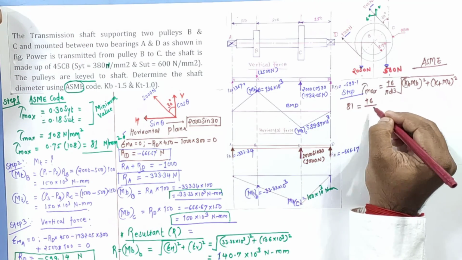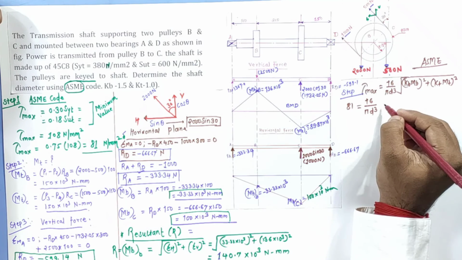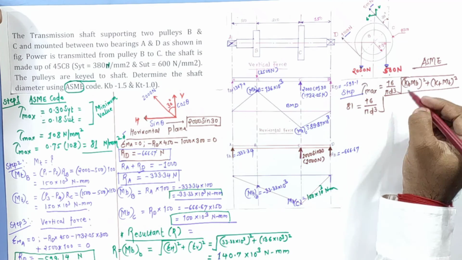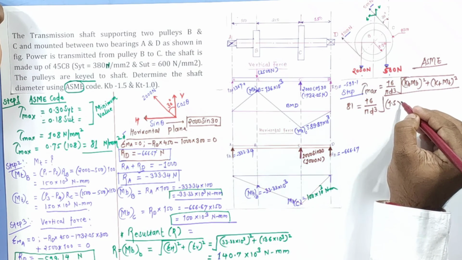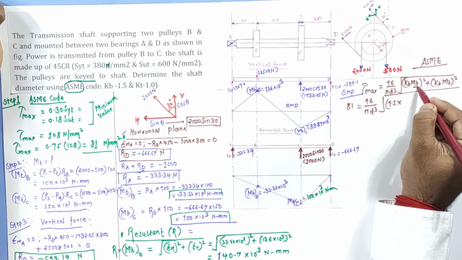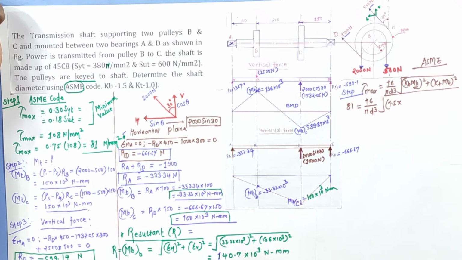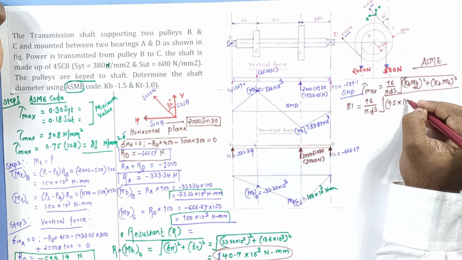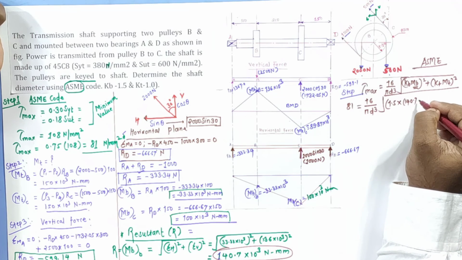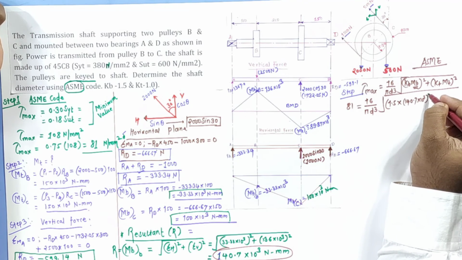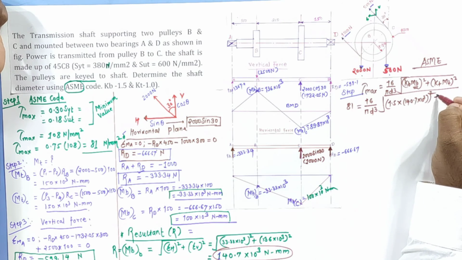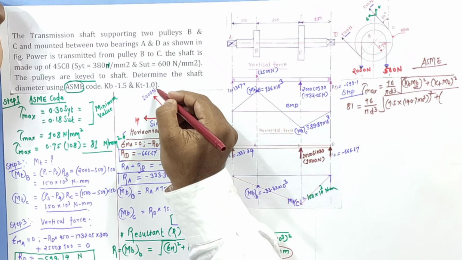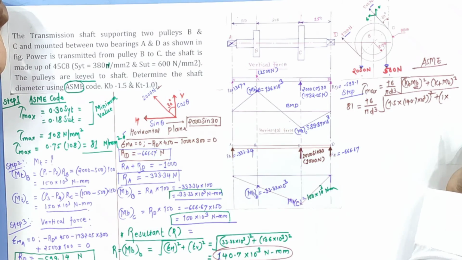Now 16 by pi d cube, square root of kb, which is given as 1.5, into mb, which we have selected as the maximum bending moment, 140.7 into 10 raised to 3, square. Correct? So this will be the square plus kt, 1, into mt.